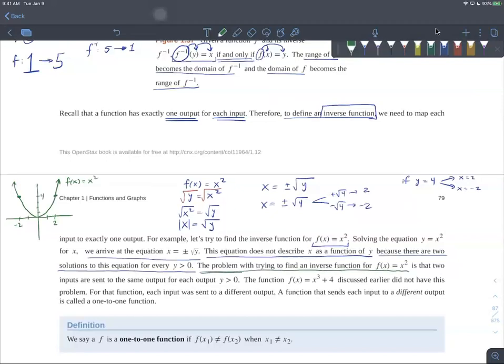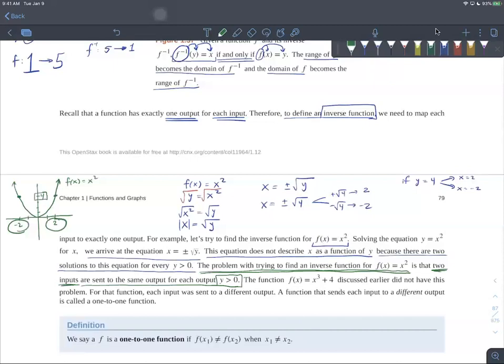The problem with trying to find an inverse function for f of x equals x squared is that 2 inputs, and these inputs are the ones I've written here, are sent to the same output for each output y greater than 0. So for the value 4, there are 2 inputs that are going to be sent to that output.